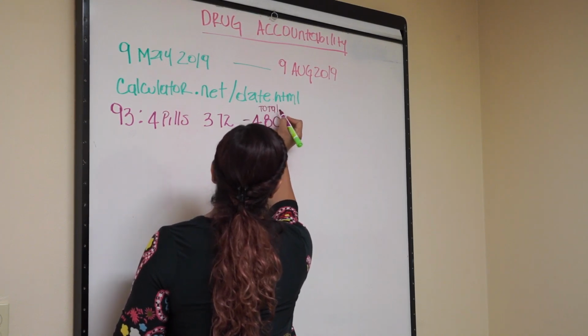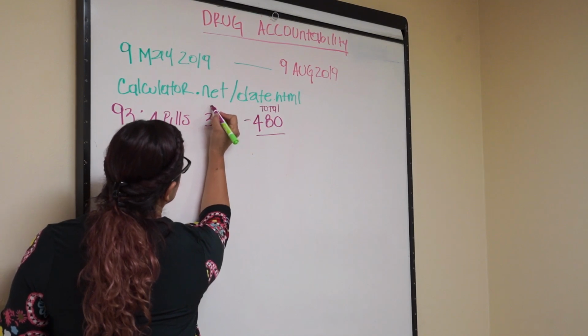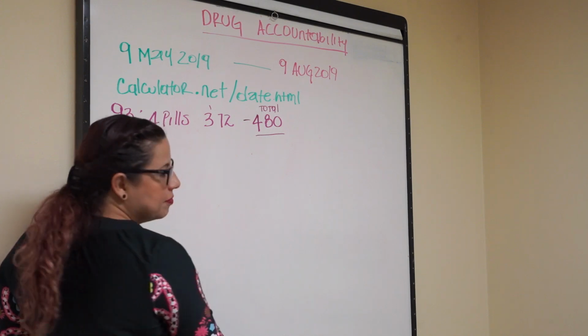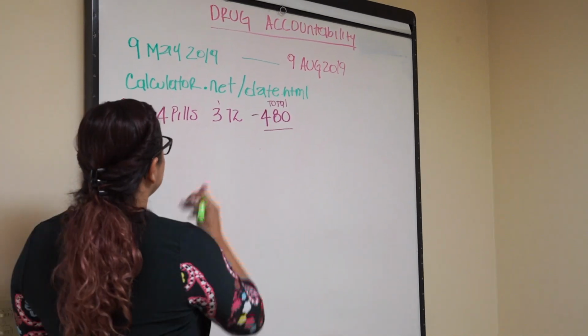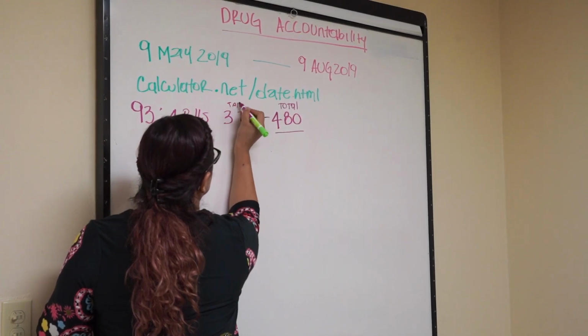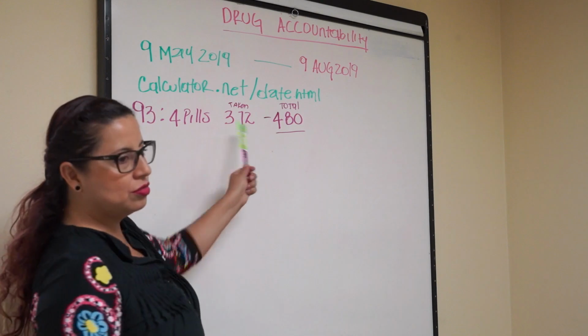Total, and then the ones taken. This one is the amount that should have been taken. But we don't really know if the patient took this amount.